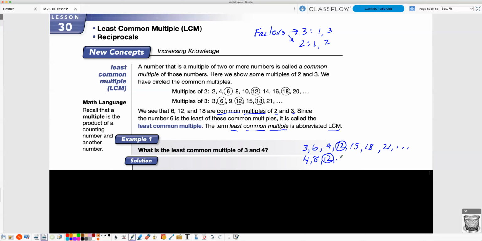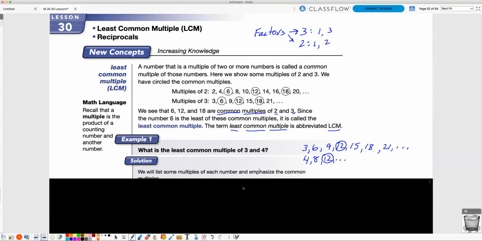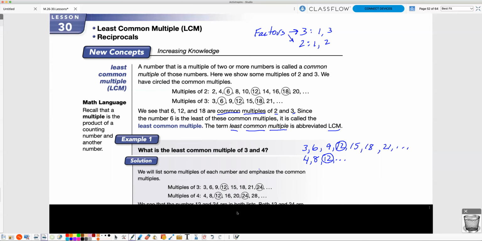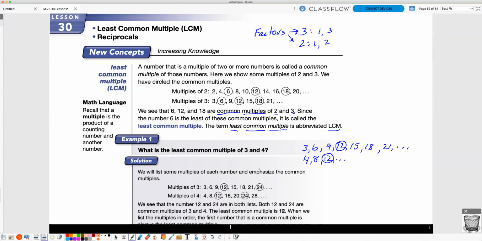I could go on to infinity counting by 4s, or just recognize, oh, that's the smallest one they have in common. The multiples would go on, and I could see that there are going to be more numbers that they have in common, but I'm looking for the smallest.